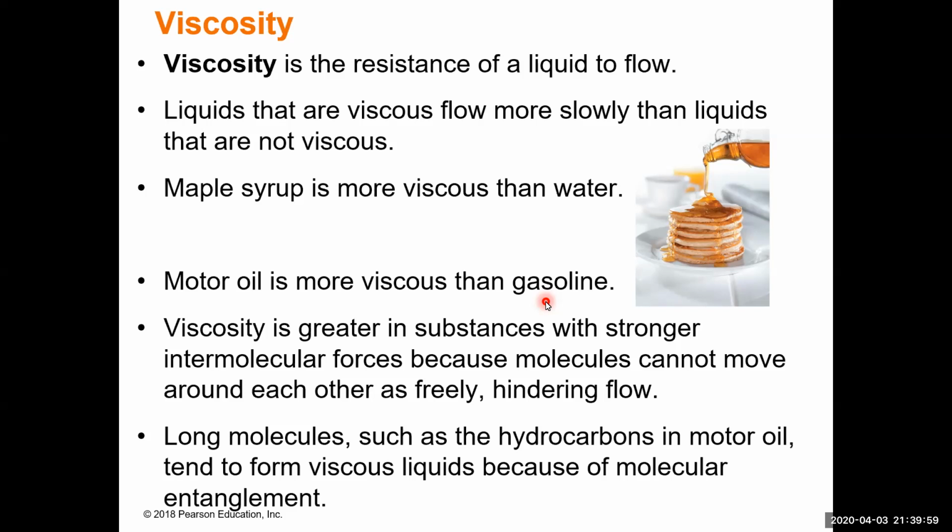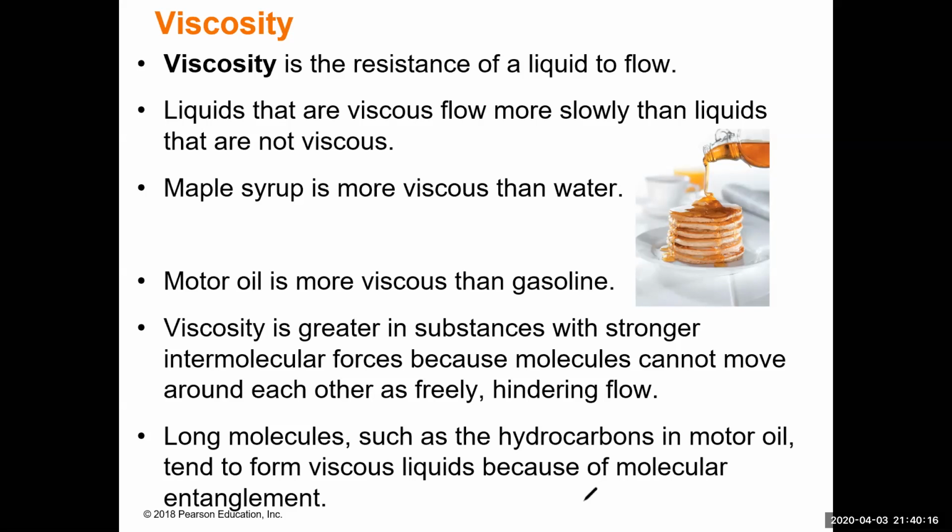Long molecules, such as the hydrocarbons in motor oil, tend to form viscous liquids because of molecular entanglement. So large molecules such as hydrocarbons, in organic chemistry, we can draw them this way, where each one of these corners represents a carbon attached to at least one hydrogen or more.